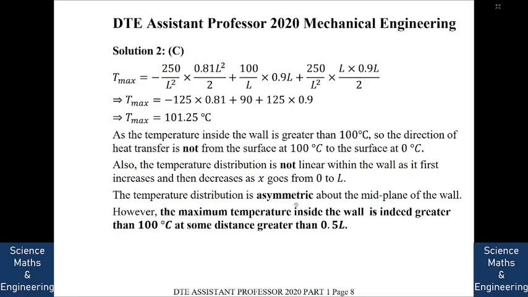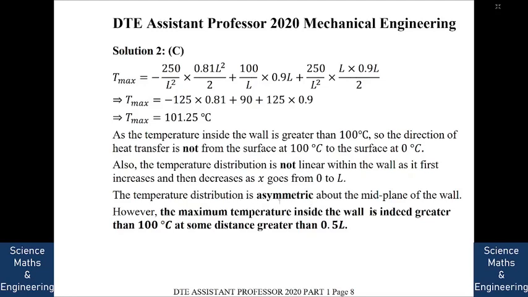So this is again not symmetric. As we see at 0.9 L only it became 101.25, so it is not symmetric. So what we can conclude is that the maximum temperature inside the wall is indeed greater than 100 degrees centigrade at some point.